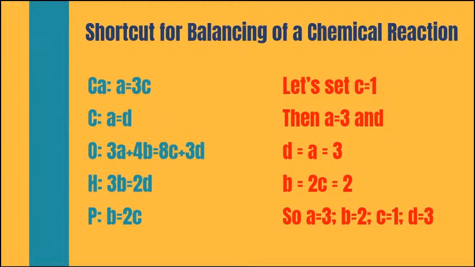If we consider C is equal to 1, then A would be 3, D is equal to A so it would be 3 again, B is equal to 2C, which is nothing but 2. So at last A is equal to 3, B is equal to 2, C is equal to 1, D is equal to 3 by just simple calculations.